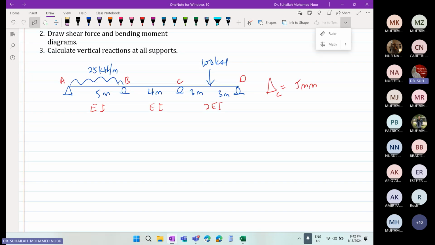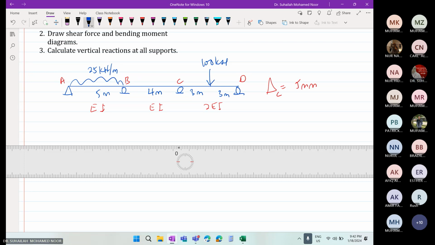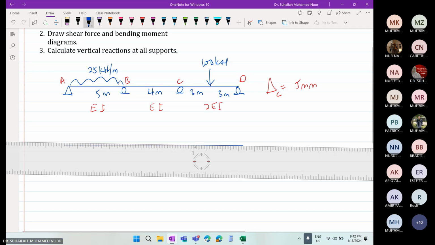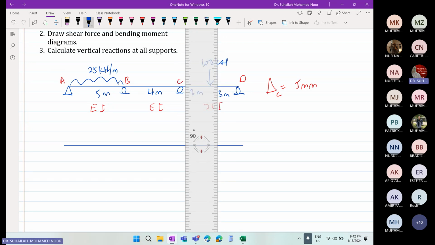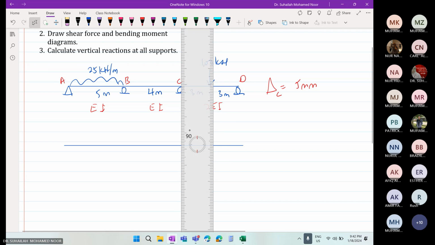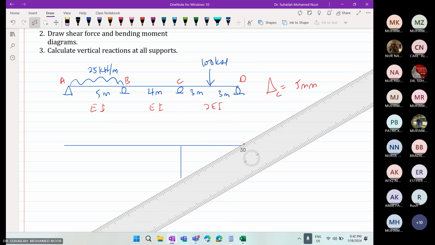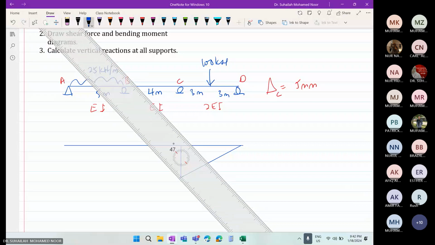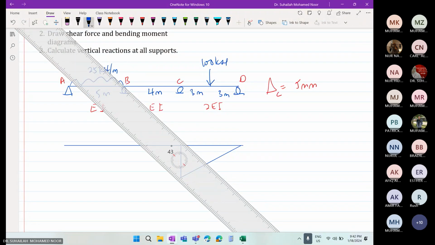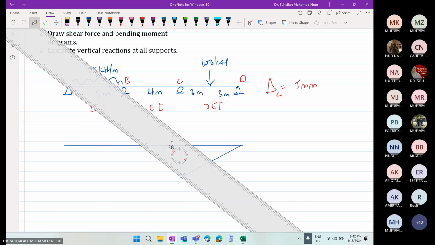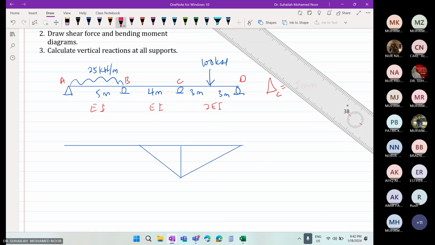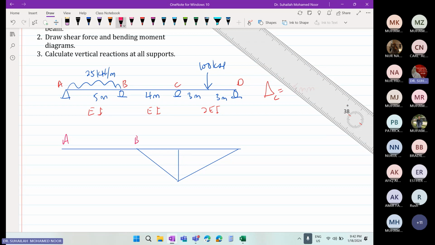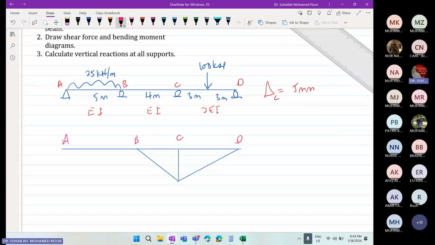So for support settlement at C, C is settled, D remains at the same position. So this is 5 mm.